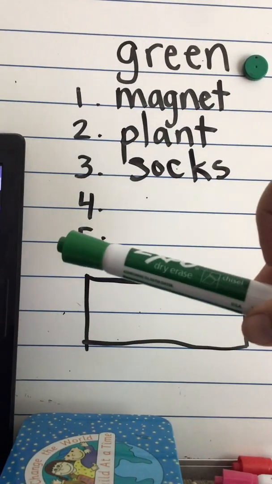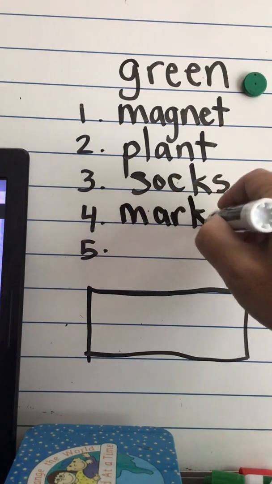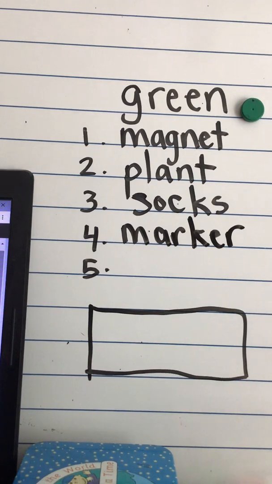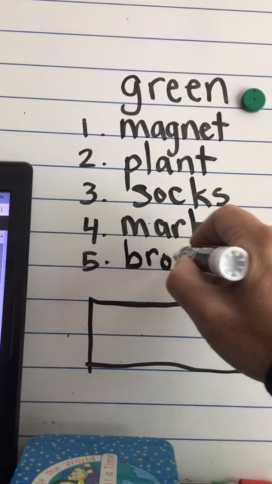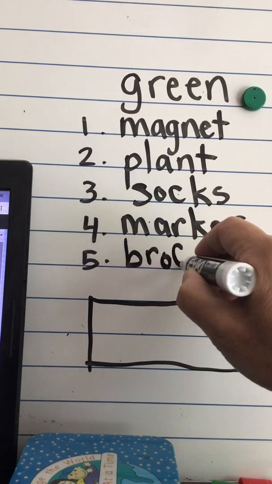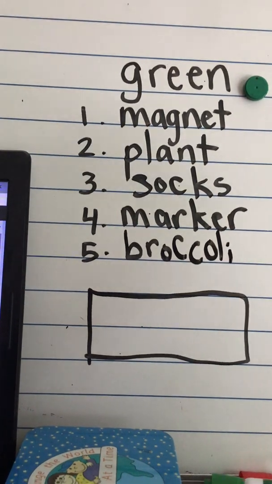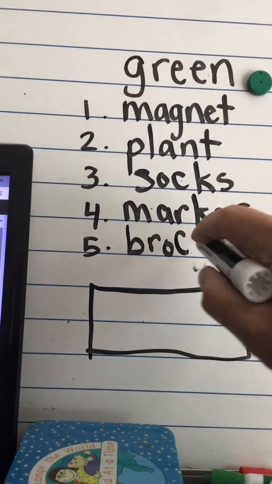Let's see, what else do I have that's green? I have a green marker. And I know in my kitchen I have some broccoli that's green. I'm not sure if broccoli has 2 C's or 1. Maybe 2.